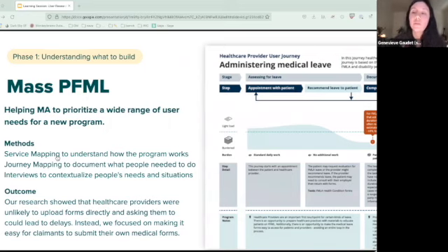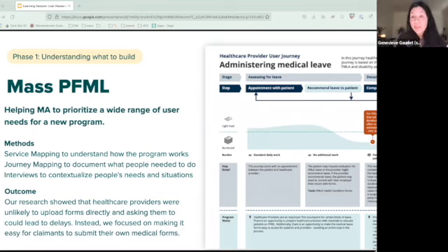And in this case, the service was a paid family medical leave program. So qualified workers could apply for paid leave if they needed medical leave, or if they were going to take family leave to take care of a loved one or to take care of a new baby or an adopted child.